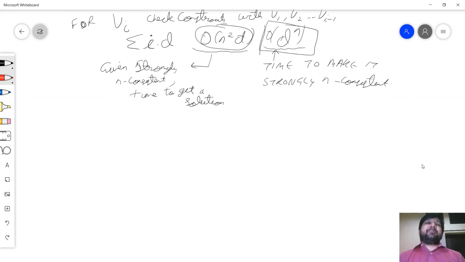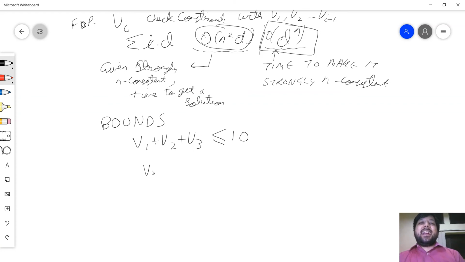There are other consistency checks that I'll not really talk about. Like for numerals, you have consistency checks based on bounds. So I say V1 plus V2 plus V3 is less than or equal to 10, and somewhere I get V3 can take in values which are 5, 6, 7, 8, 9, 10, 11, 12.